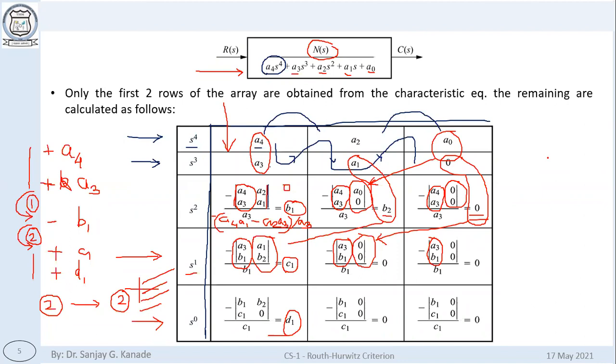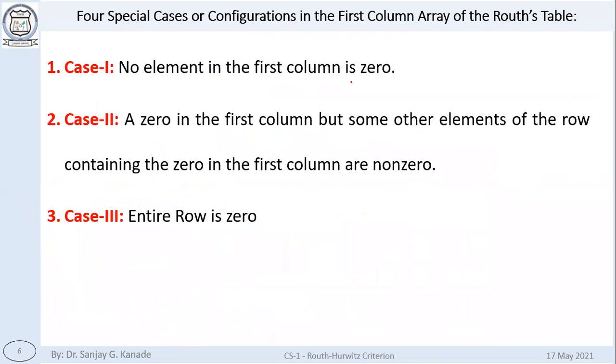But while calculating the Routh array, you will come across certain situations. For example, the standard case or no complication case, that there are no elements in the first column which is 0. Means all the first column elements are non-zero. Now why is this important?